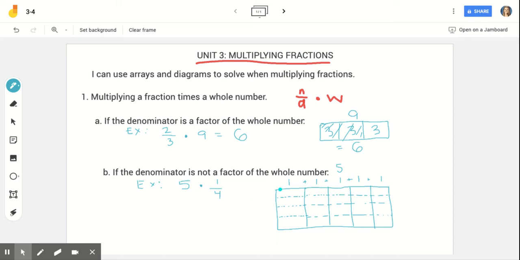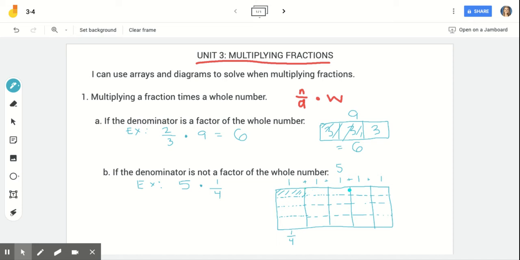So if I do it with this first whole, I'm just going to shade in the first piece, one piece out of a total of 4, and I'll label it down here 1/4. Go ahead and do that too. Well, 1/4 of one whole is just 1/4.